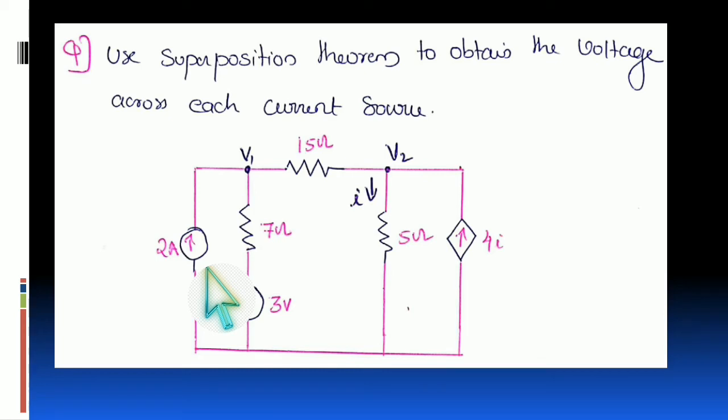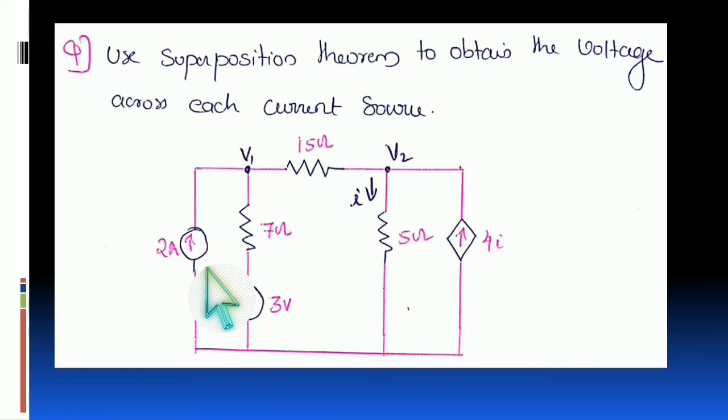As I told earlier, when we calculate the response created by a particular independent source acting alone, we have to replace all other independent voltage sources present in that network with short circuits and all other independent current sources present in that network with open circuits.